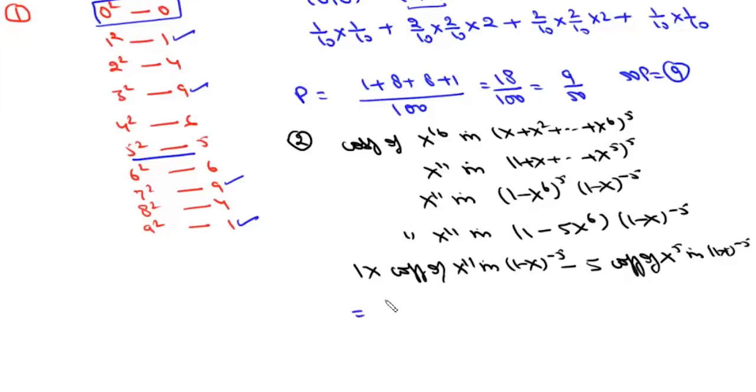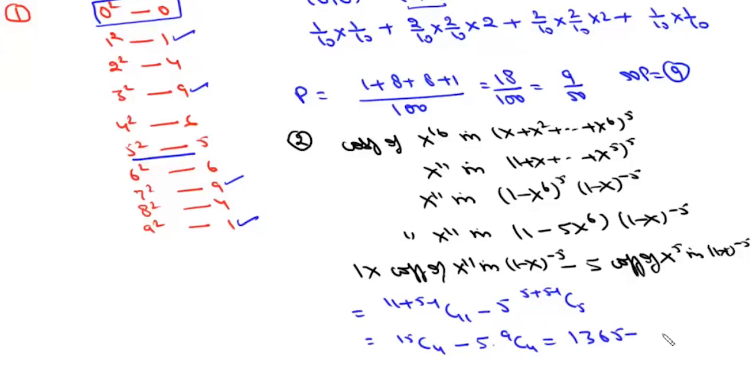Now this is (11 plus 5 minus 1)C11, and then minus 5 into (5 plus 5 minus 1)C5. So it will be 15C4 minus 5 into 9C4, which is 1365 minus 5 into 126.